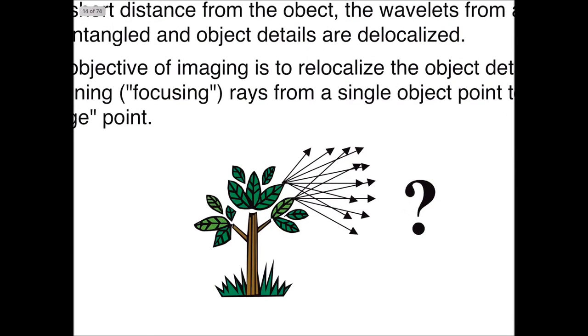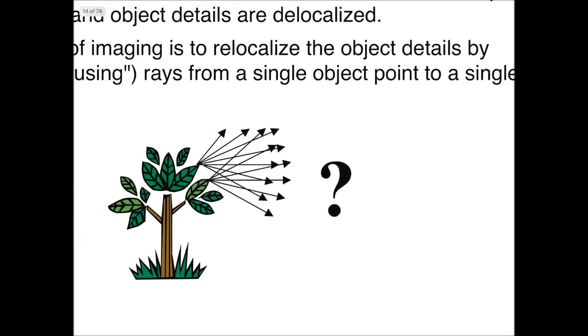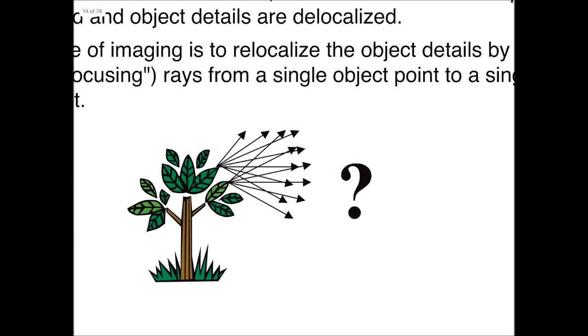Each point on that complex object would act as a point source, which means that after a certain distance, what you would have is a superposition of all the different spherical waves which have been distributed from this object. So how do you, after it has traveled a certain distance, make out what the object was in the first place?